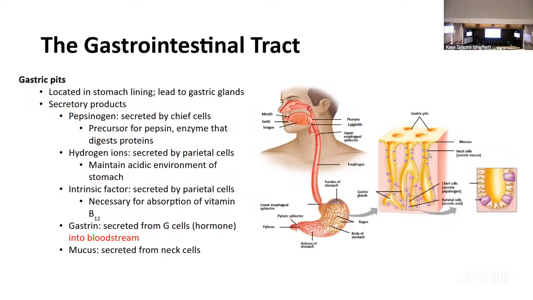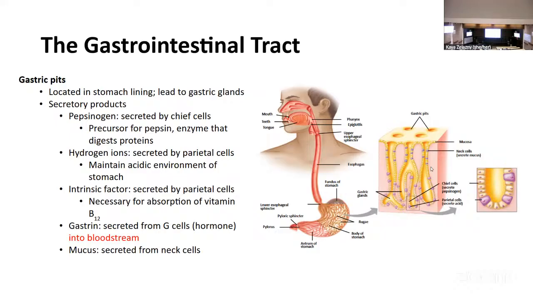So the neck cells secrete this mucus. And the reason for that is, right, stomach acid is very acidic. So it's going to break stuff down, and we don't want it physically breaking down the lining of your stomach, right? We want to protect these cells. We want to make sure that we're only digesting our food and not ourselves.